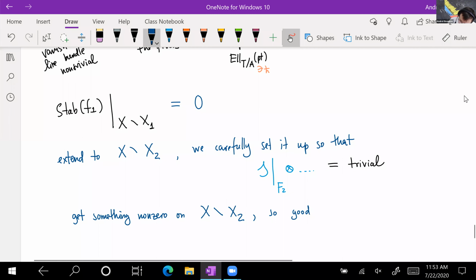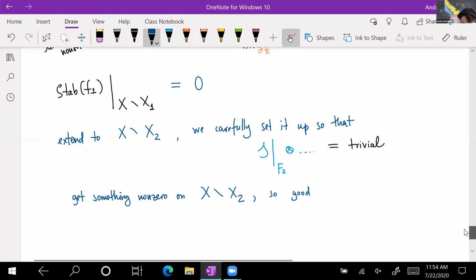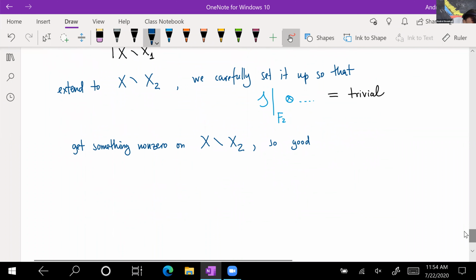And now we extend it to x minus x3. Now we need to show that if we take a general line bundle of degree 0, a general S, that thing is nonzero.